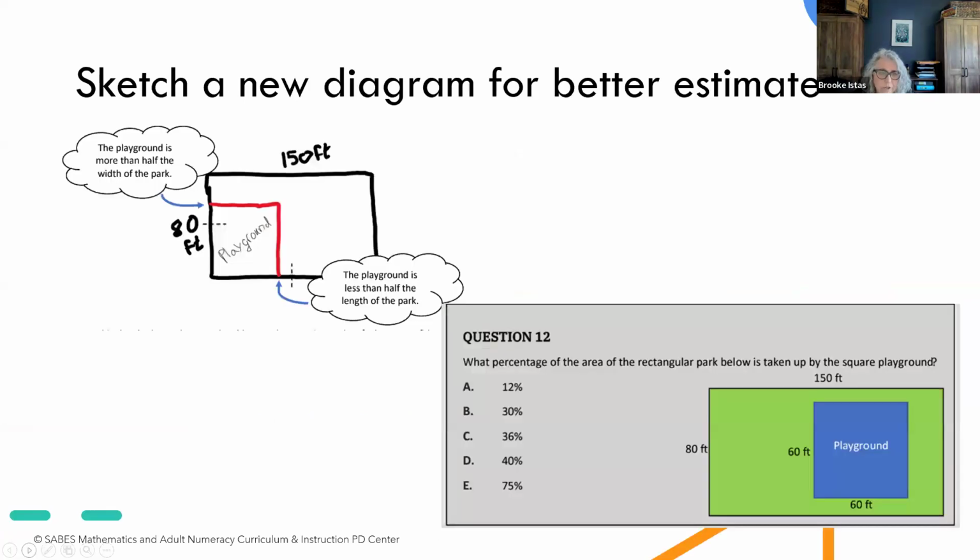So here's a strategy to sketch a new diagram for a better estimate. They just move the playground over to where they can estimate, so that they know more than half of that is the width, and it's less than half for the length. So it's a good way for students to estimate their answer.